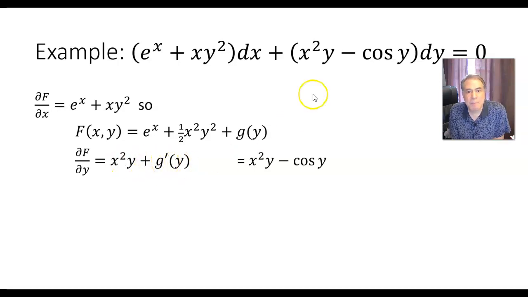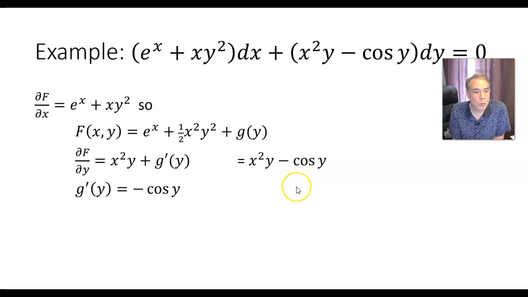And then that has to match this. They're both the partial derivative of f with respect to y. So x squared y plus g prime of y has to equal x squared y minus cosine of y. So g prime of y must be negative cosine y. And anti-differentiating that to get from g prime to g, we get that g of y is negative sine of y.